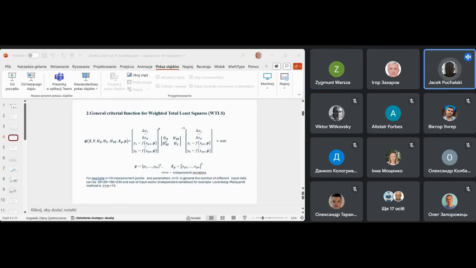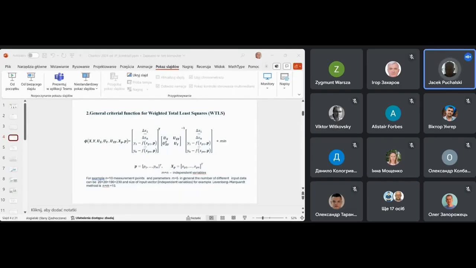You see the slide with the general name, type of least square method. Yes, the method can be divided into three different simple equations for the criterion function.